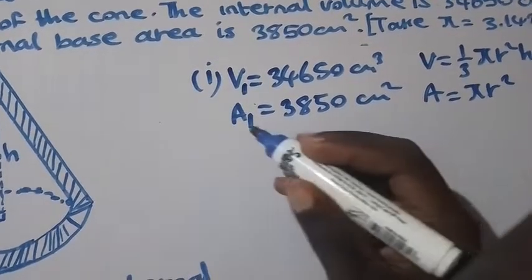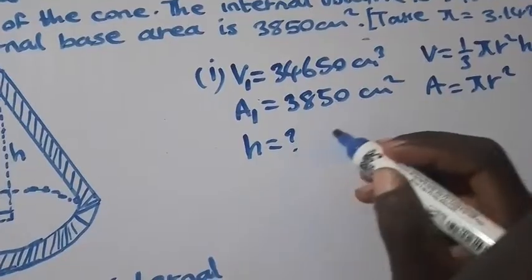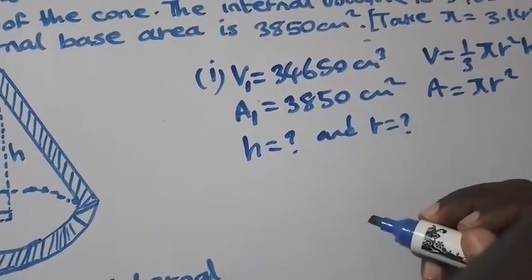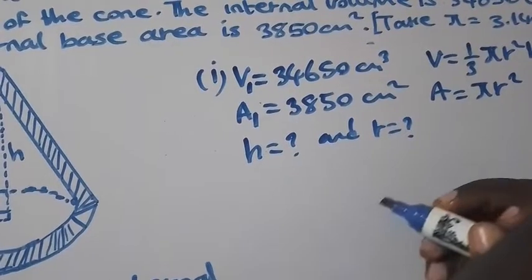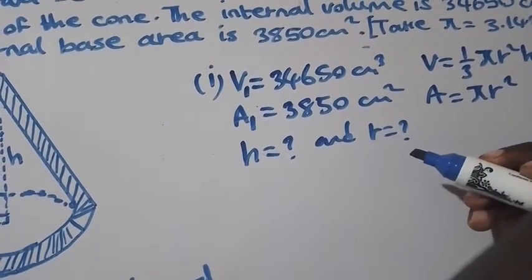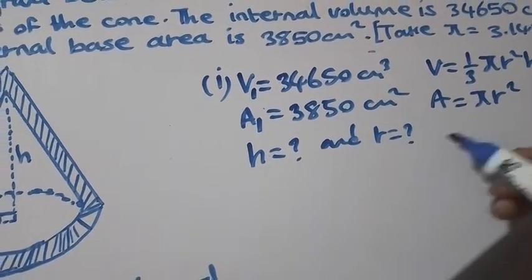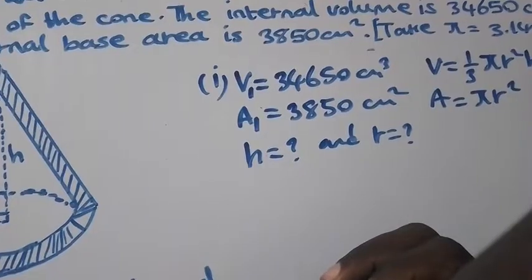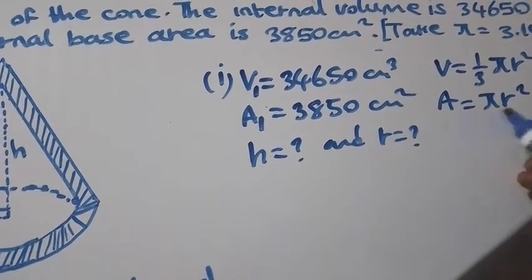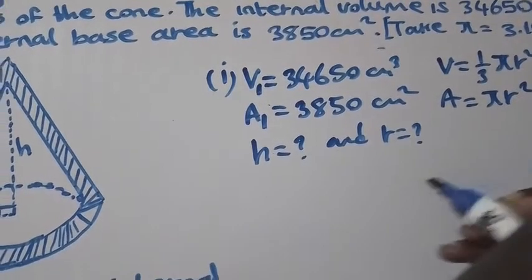So, question 1, they want us to find h and r. So, according to the data we have gathered here, we can calculate r first, then we calculate h later. So, let's calculate r by using this formula, which is area equal to pi r squared.